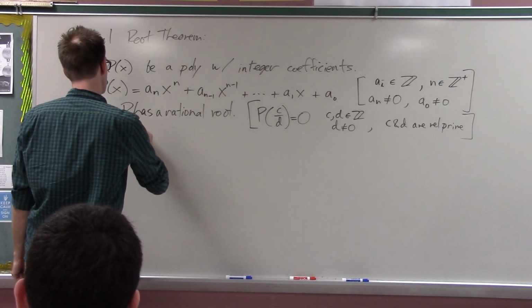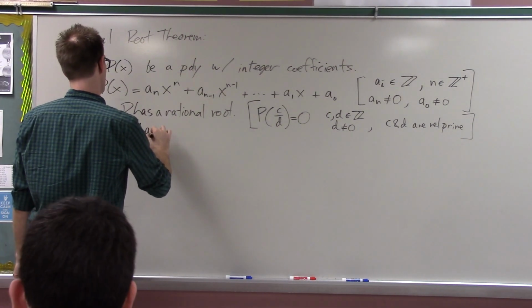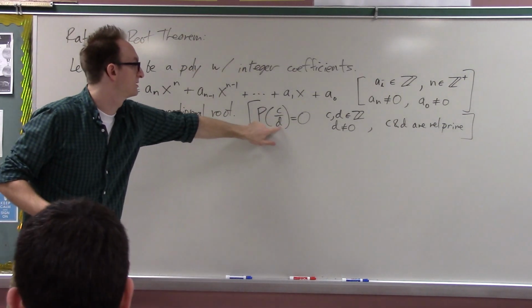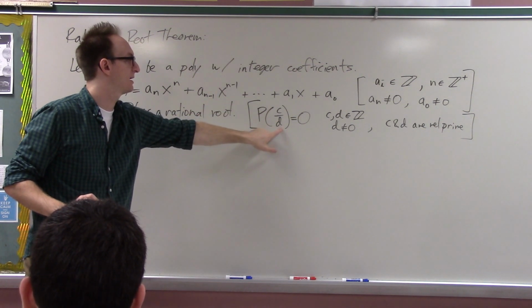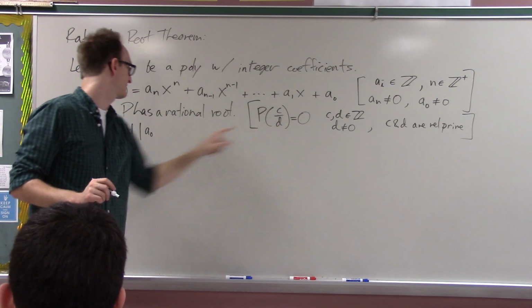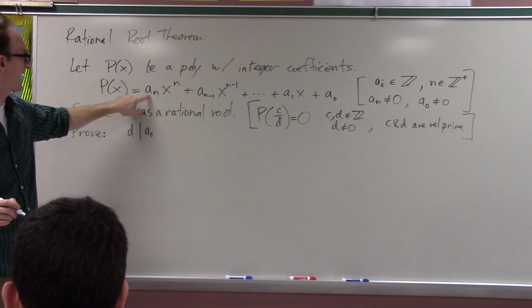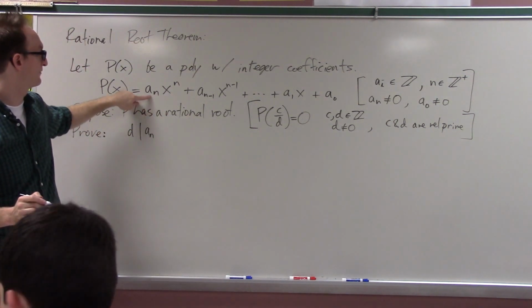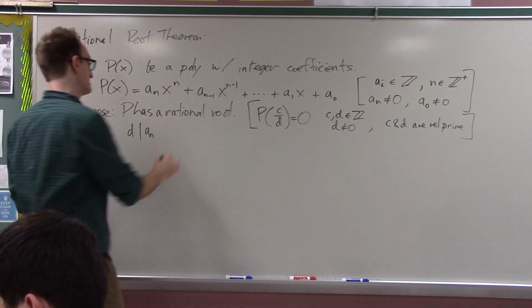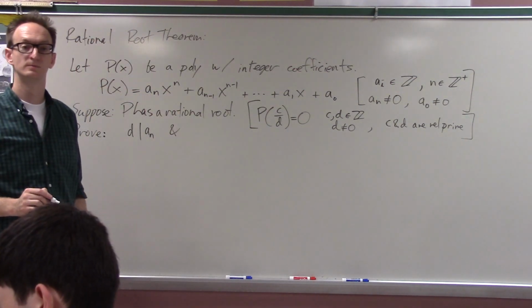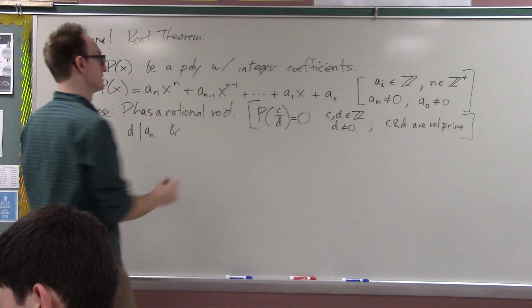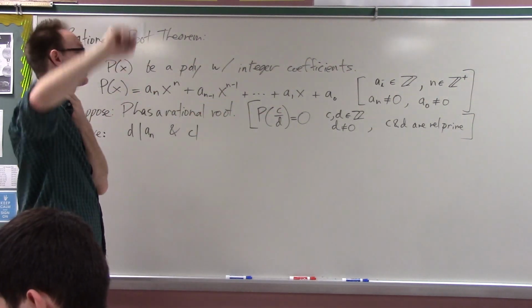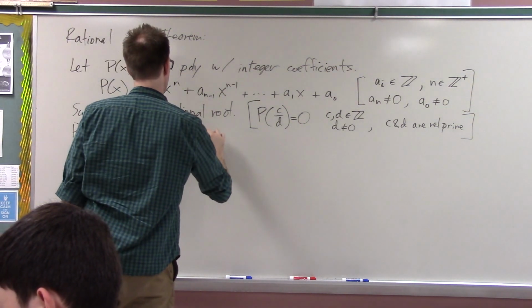We can again use big kid language. What we need to prove is that the denominator of this rational root divides A sub n, the leading coefficient, and C, the numerator, is a factor of, in other words divides, A sub 0.